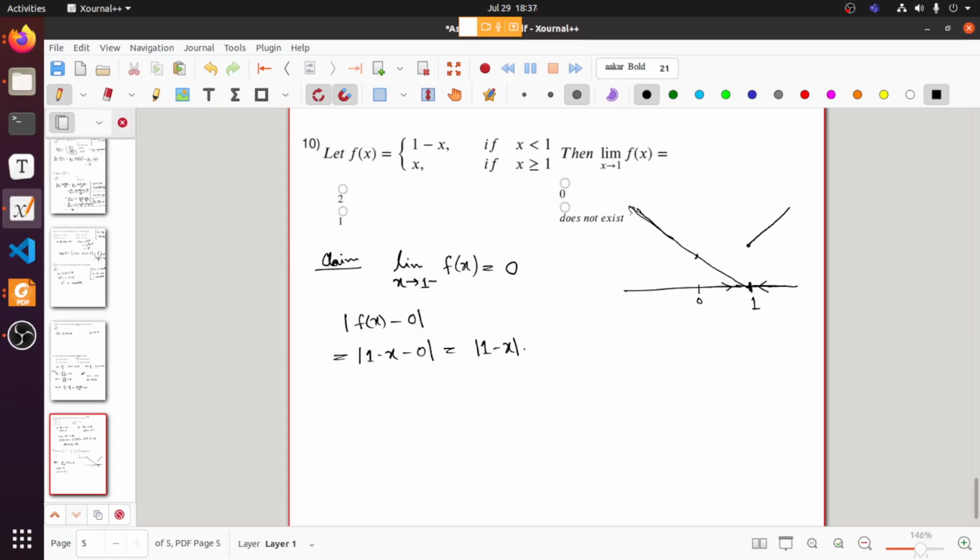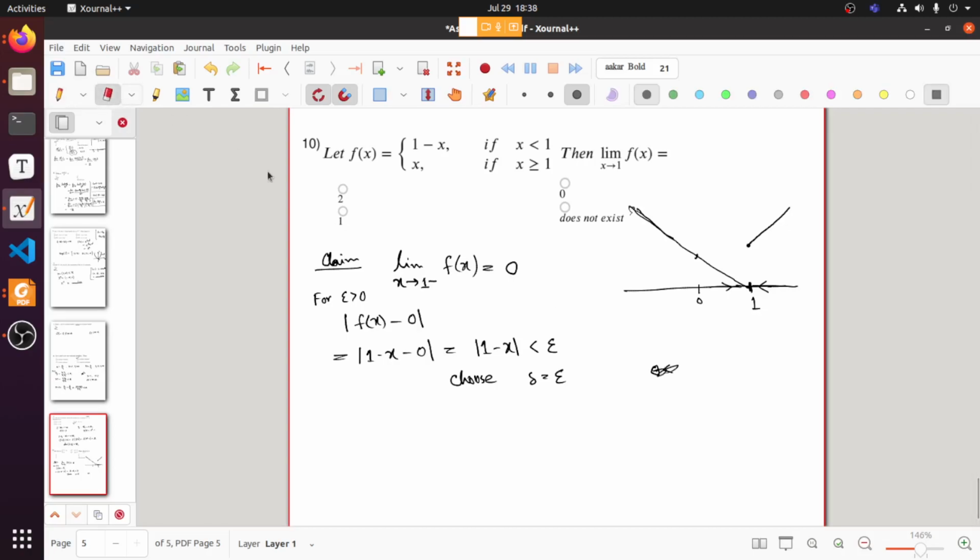You want to make this less than epsilon, so you have to choose some delta. Start with some epsilon greater than 0. You can choose delta to be epsilon.